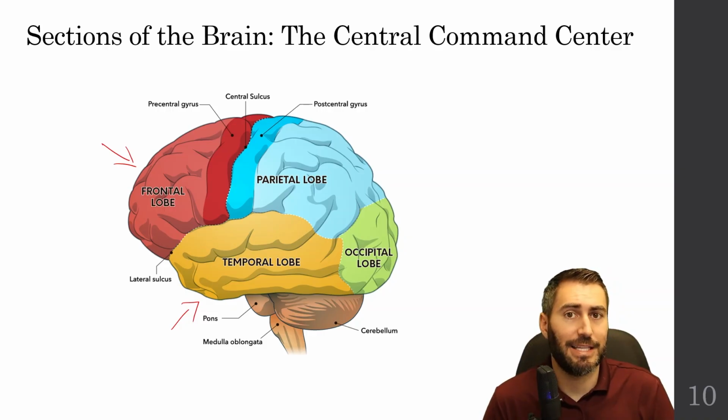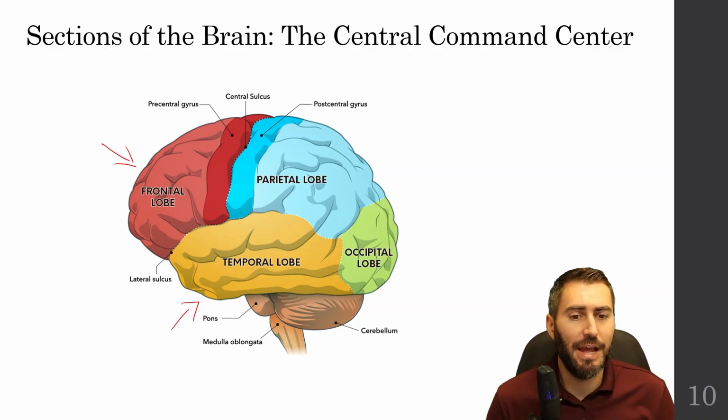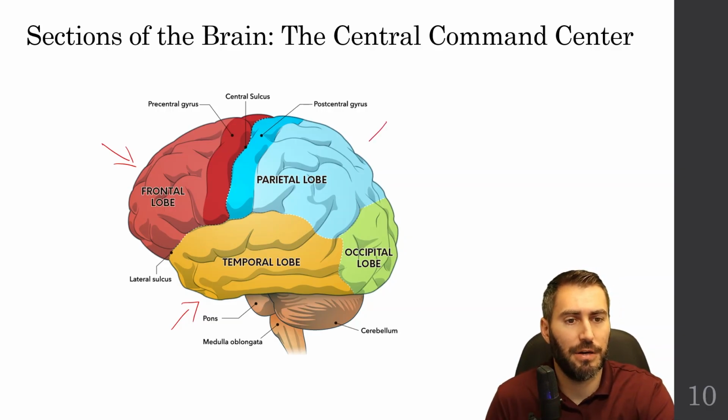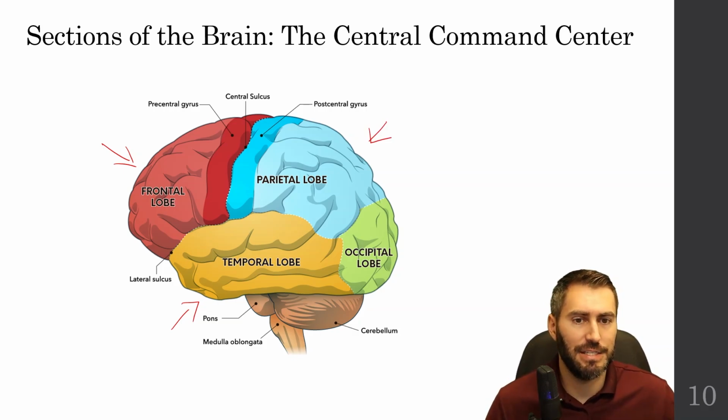We have things like the hippocampus, which again is responsible a lot for memory formation, and these happen again in this temporal lobe. The parietal lobe up here in blue, a lot to do with sensory information, our senses, feeling areas of our body have a lot to do in this parietal lobe. And then finally in green, the occipital lobe down here, a lot to do with vision.